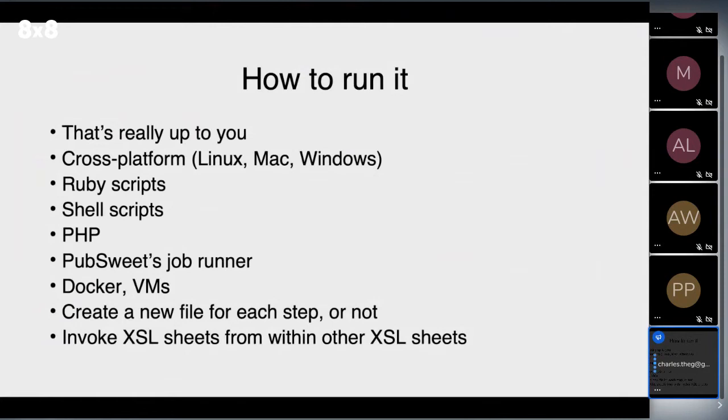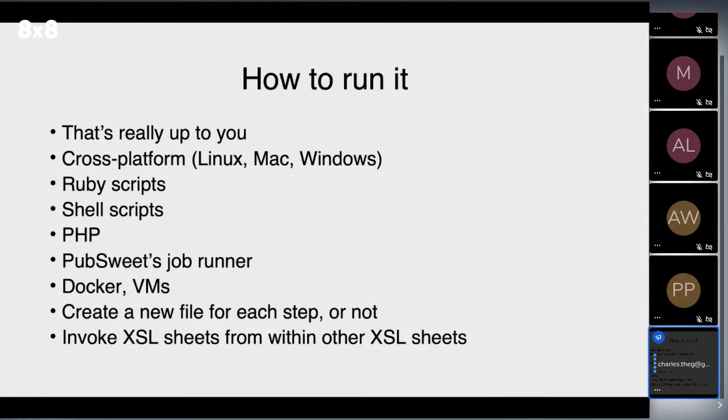We've had some great community contributions, to ensure that it can run on Linux, Mac, Windows. You can run it with Ruby scripts. I'm going to show you just how to run XSweet using some helper Ruby scripts that I created. They invoke some shell scripts. You can set it up as PHP scripts, and Docker virtual machines.